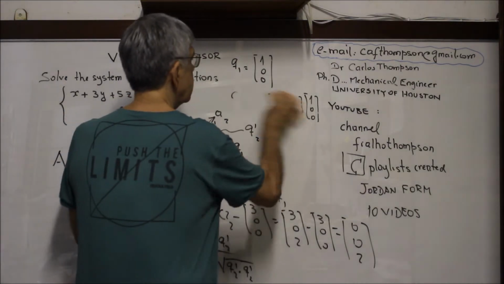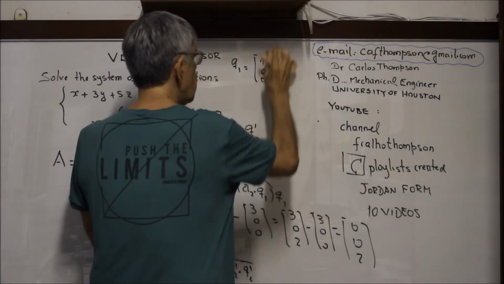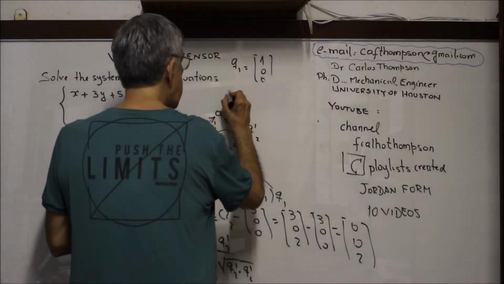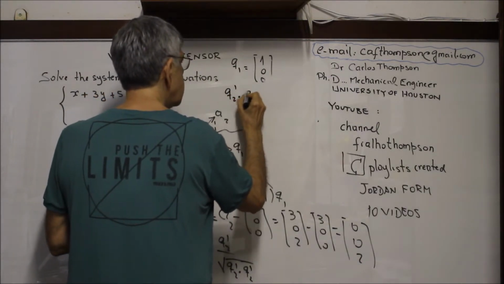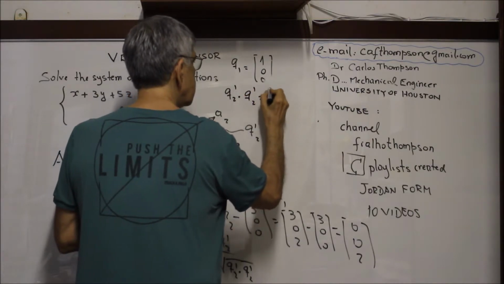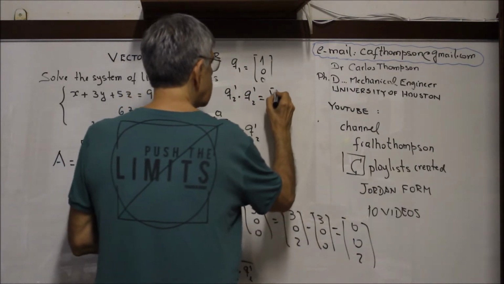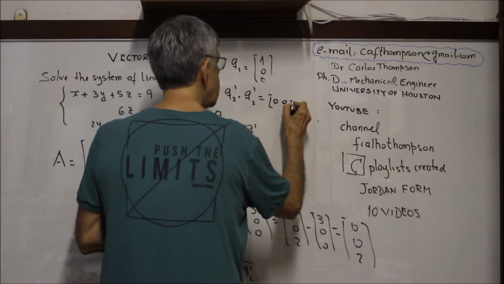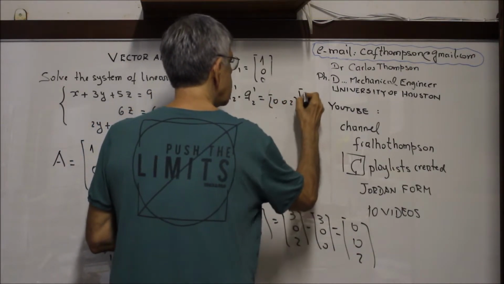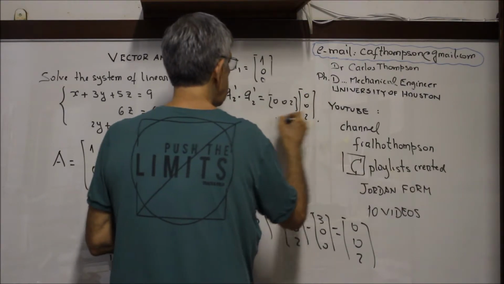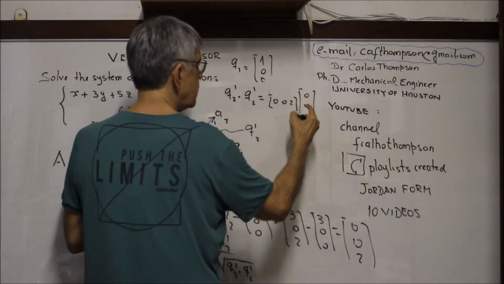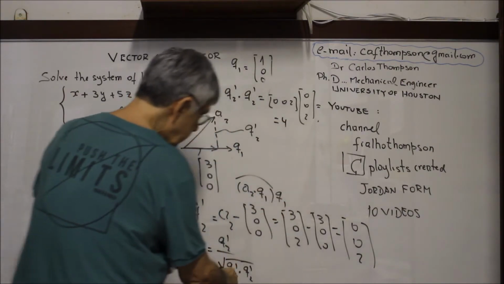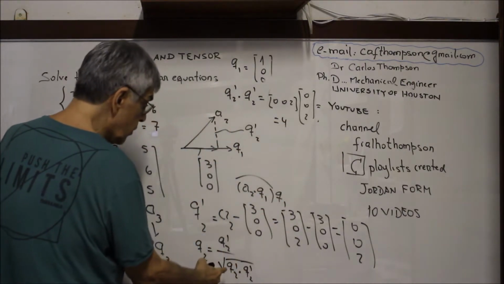I'll do it here. Okay? Look. Q1 is 1, 0, 0. Let's put that. Now, let's put q prime 2 dot q prime 2. Okay? So let's do like linear algebra, okay? Times 0, 0, 2. That's a vector. So this times this will be 4.